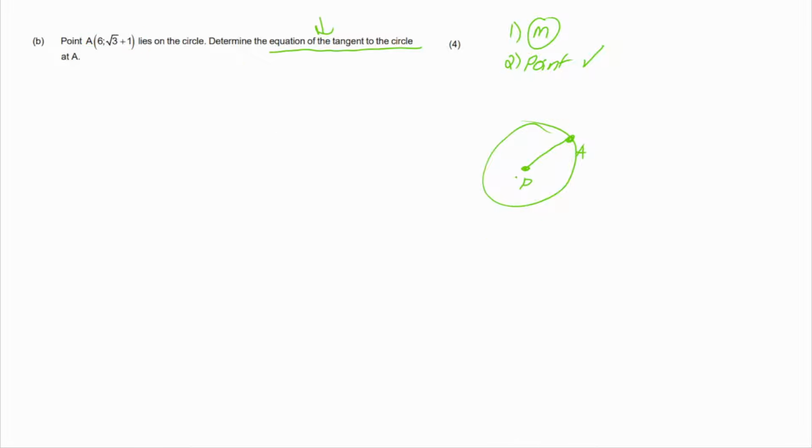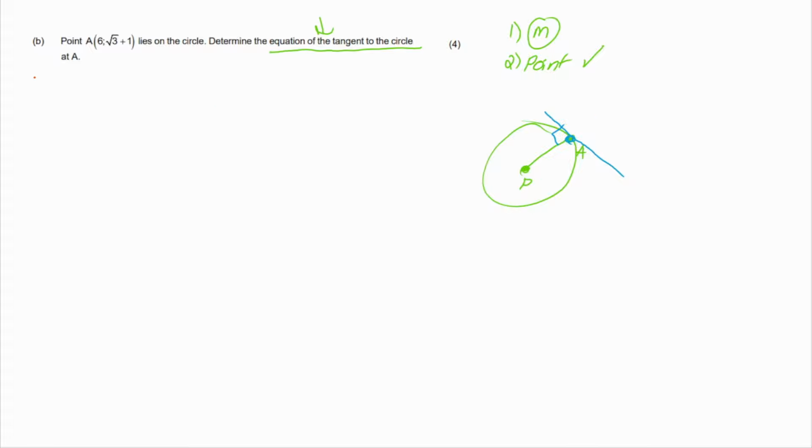PA is a radius, because this is the center and this is on the circumference. Then somewhere over here we have a tangent that goes through like this, and we know this angle is 90 degrees. The tangent goes through this point A, so if we can work out this gradient, then we'll have the gradient of the tangent.